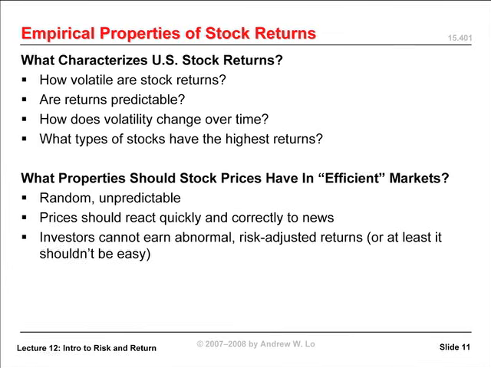So I want to start by asking the question, first of all, what characterizes U.S. equity returns? How do we get our arms around the behavior of that asset class? The way I'm going to do that is to give you some performance statistics about the volatility, about the average return, about how predictable they are, and also patterns of returns across different kinds of stocks.